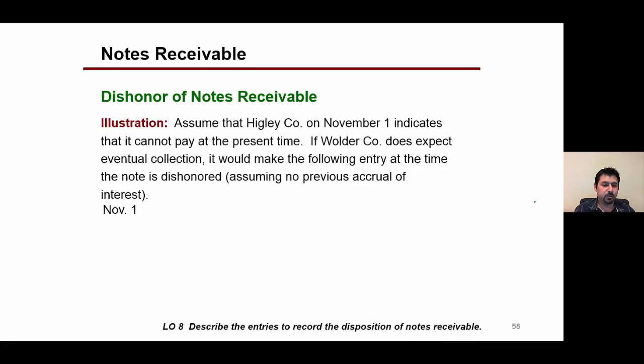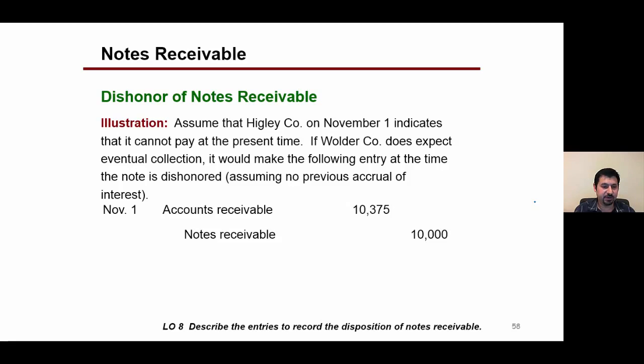So the company at this point will debit accounts receivable the full amount because they did not receive cash. So this cash becomes an account receivable that the company expects to receive. And Walder Company will also credit note receivable 10,000.